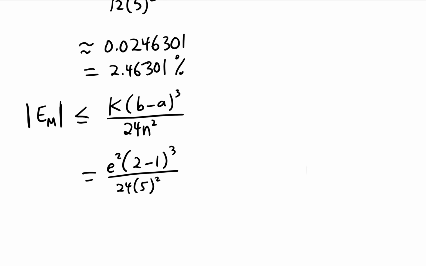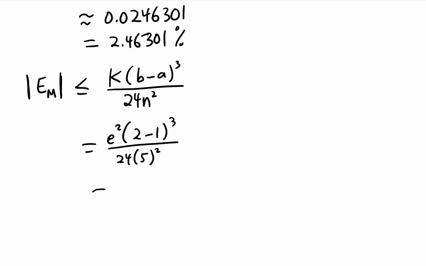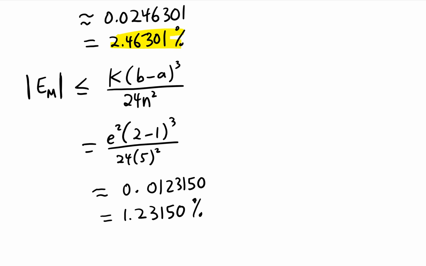If we calculate all of this, that gives me about 0.0123150, which, if you move it to the right 2 steps, is 1.23150%. So if you look at this percent for the trapezoidal and the midpoint, you will find out that the percent for the midpoint is smaller in error, which is expected.